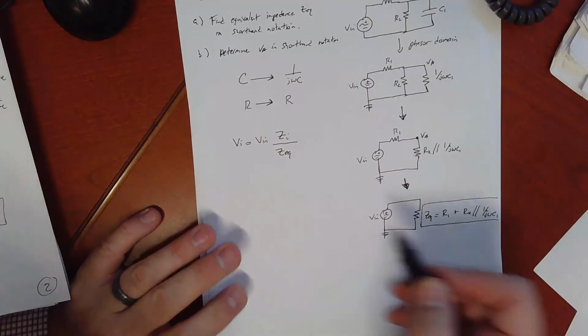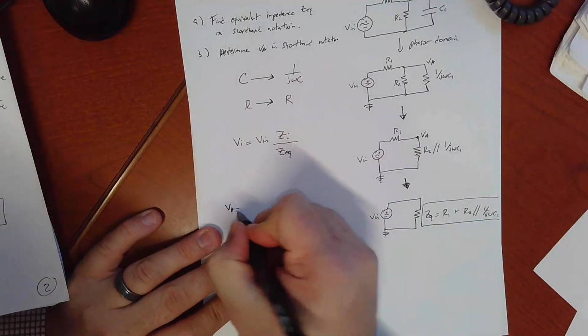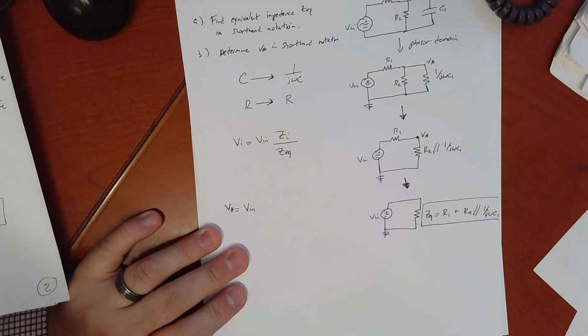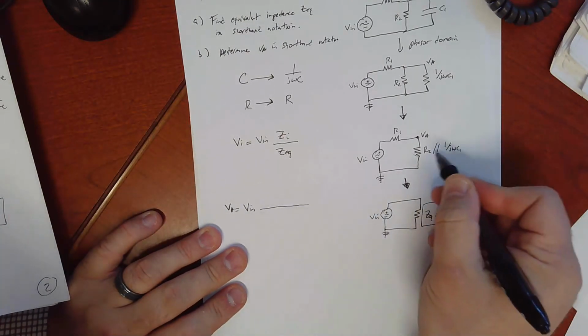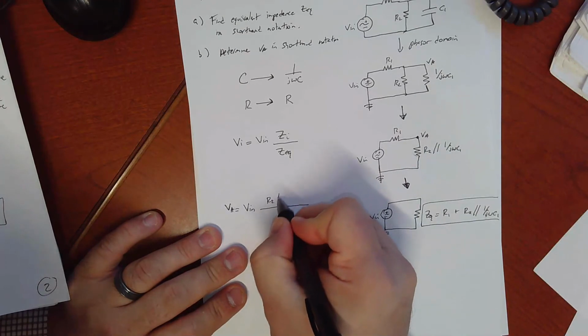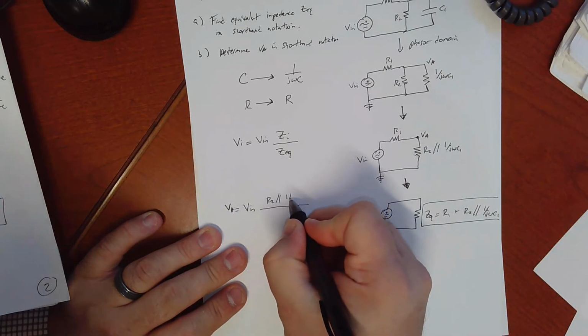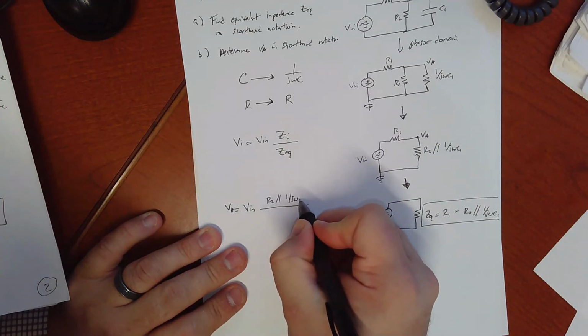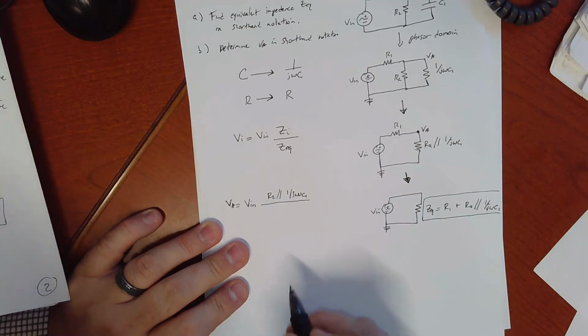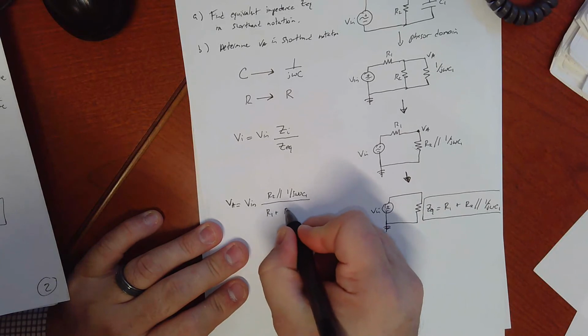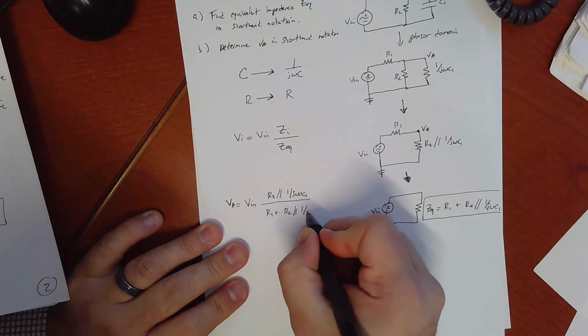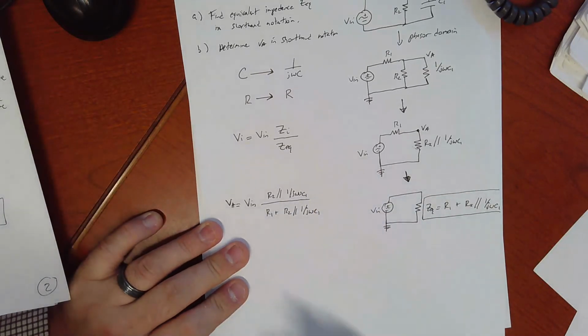So if we do that, we can write that V sub A is equal to Vn times, on top, R2 parallel 1 over j omega C1, and the bottom is the equivalent, which is R1 plus R2 parallel 1 over j omega C1.